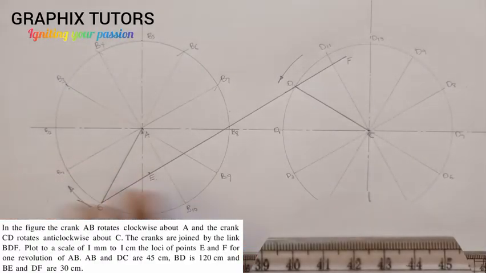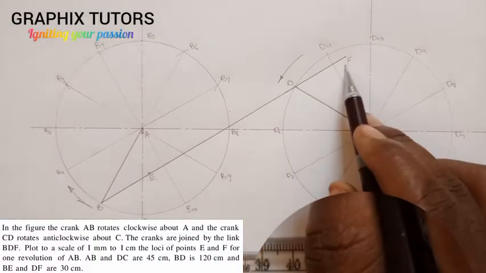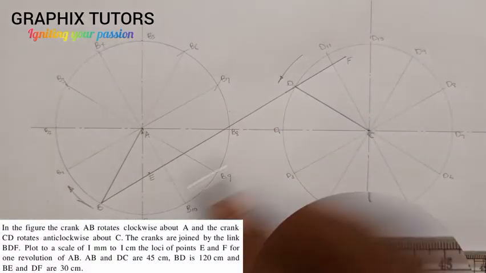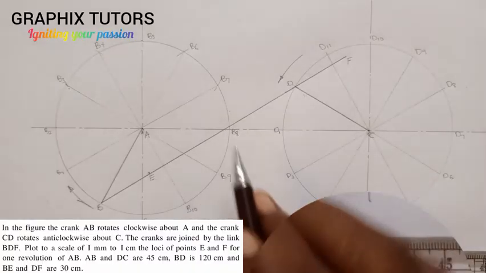So we are going to replicate all this in every point. What we did between B, D, F on points B and D, we're going to do for every point.